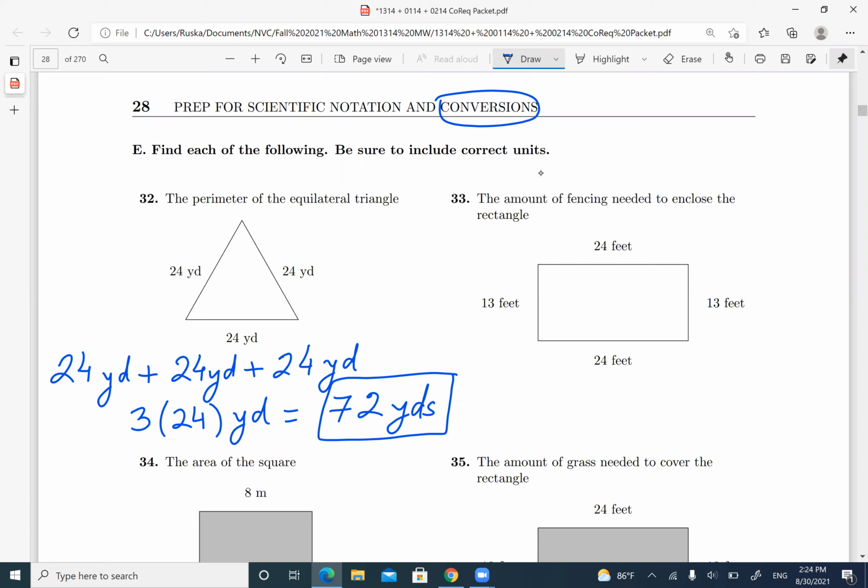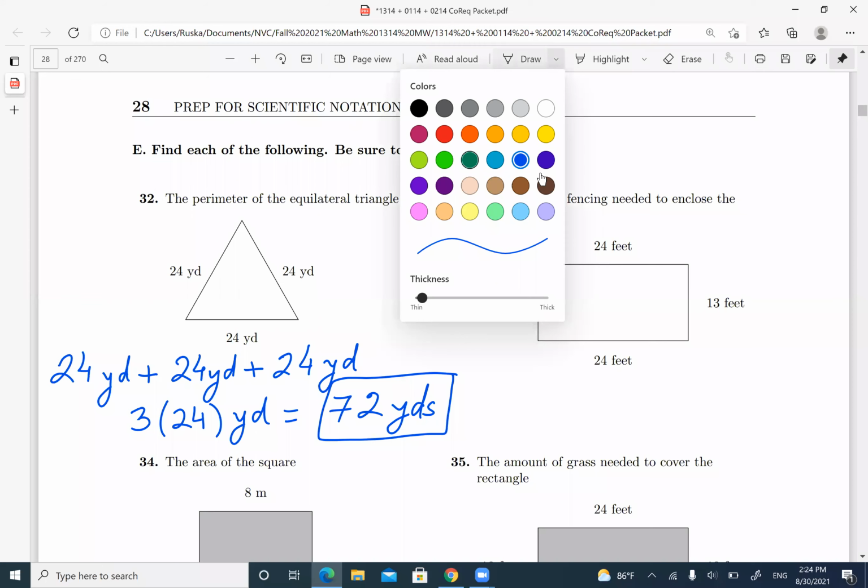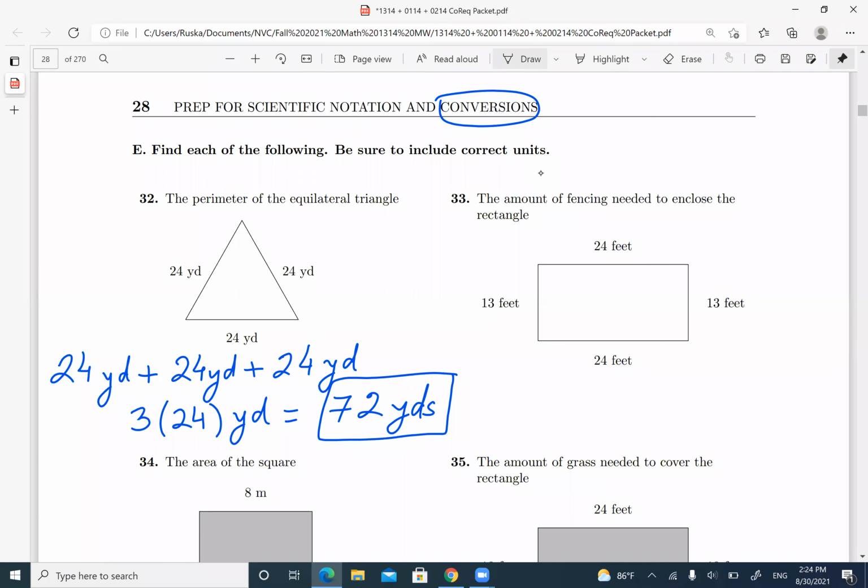Okay, the next one, number 33, says find the amount of fencing needed to enclose the rectangle. We have the feet given: 24, 24, 13, and 13. So if I want to find the perimeter, I need to multiply 2 times 24 because these are two sides with 24 feet. So it's going to be 2 times 24 feet plus 2 times 13 feet. These are two sides with 13.